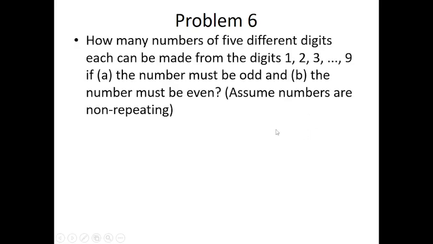Okay, problem 6. How many numbers of 5 different digits each can be made from the digits 1, 2, 3, and up to 9 if the numbers must be odd, and B, the number must be even. Assume numbers are non-repeating.